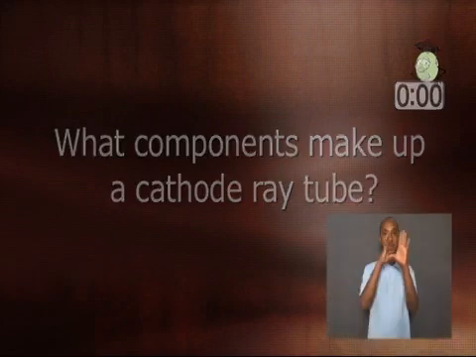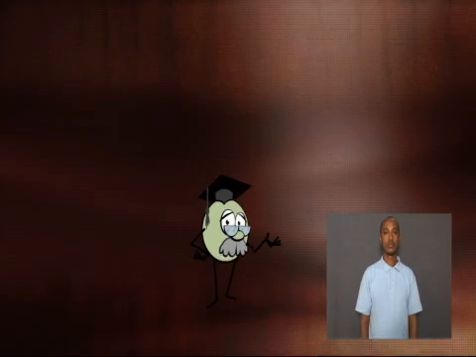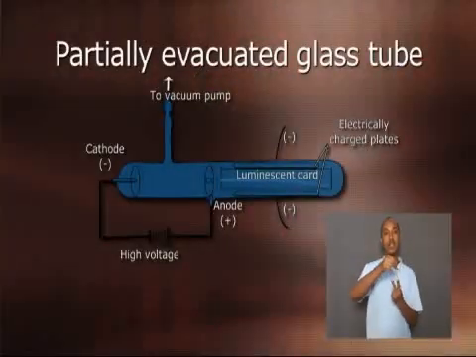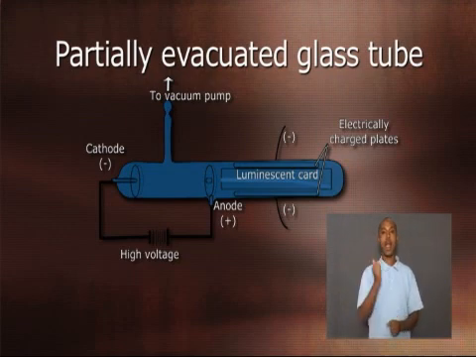Time's up. Let's get back to our lesson. Hello again, everyone. Did you find this activity more difficult? Let us see if you were able to list all the components. We begin with a glass tube that has no air inside.